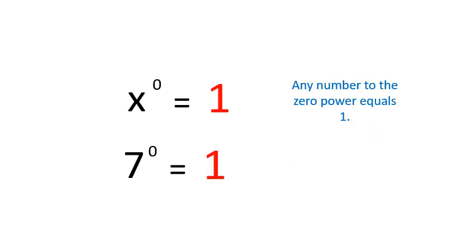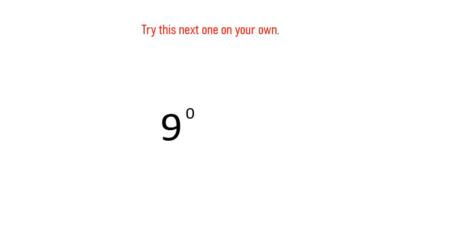Any number to the 0 power equals 1. So x to the 0 power equals 1. And here's another example, 7 to the 0 power equals 1. Try this next one on your own.